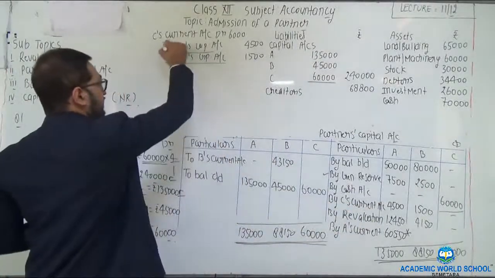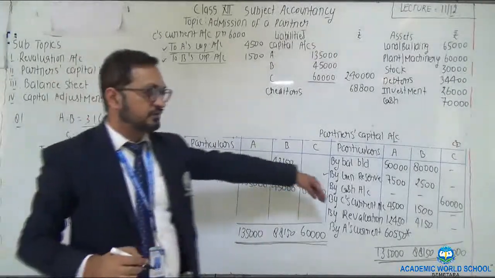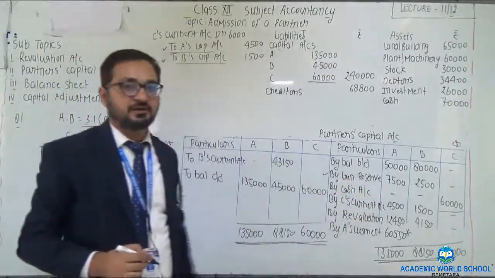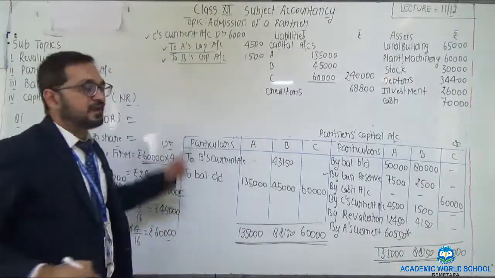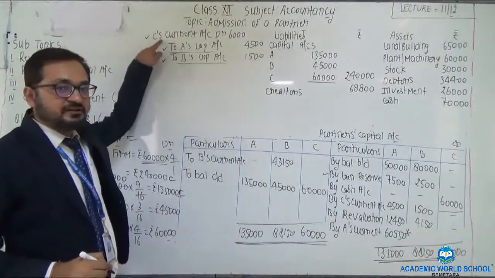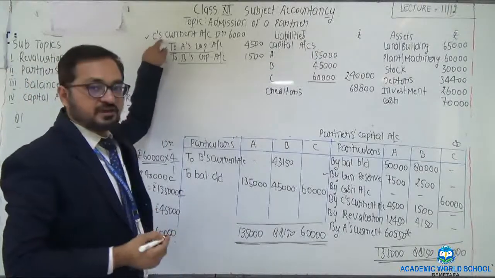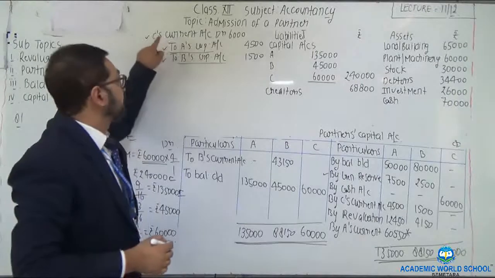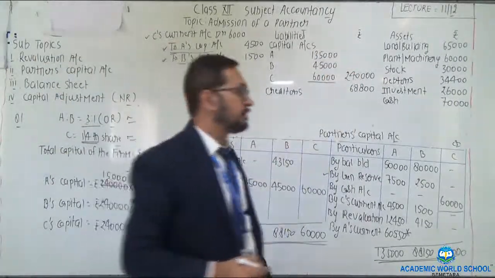One aspect of this journal entry is already being posted on the credit side of the partners' capital accounts. What would be the effect of the second aspect? As this is placed on the debit side and it is not being posted anywhere in the question, this debit, as we all know, assets have debit balances.